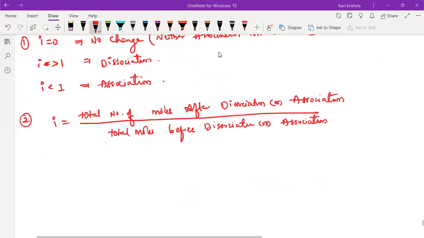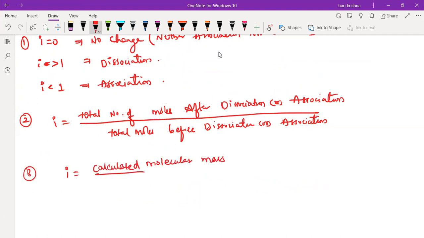Next, third one. i is equal to calculated molecular mass to observed molecular mass, that is M calculated to M observed.